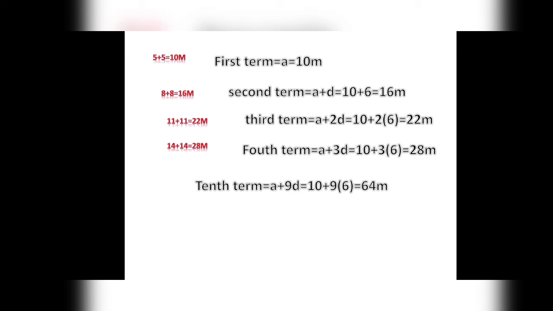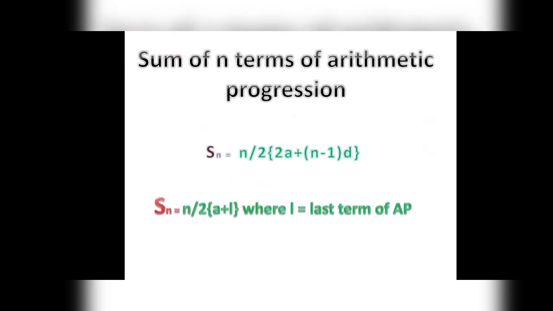So here A is 10 and the common difference D is 6, and the last term is 64. And the total terms will be 10. So we use the sum of n terms of the arithmetic progression as the formula.